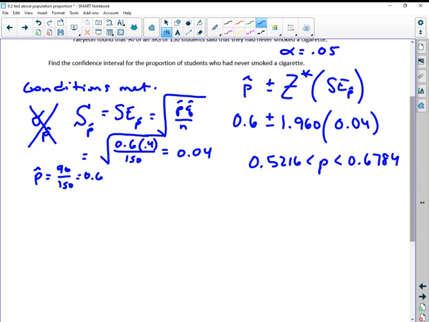Notice how I'm using a parameter symbol in the middle. And then you would want to look: was 0.5, the value from the government, the CDC, captured? Was it captured?